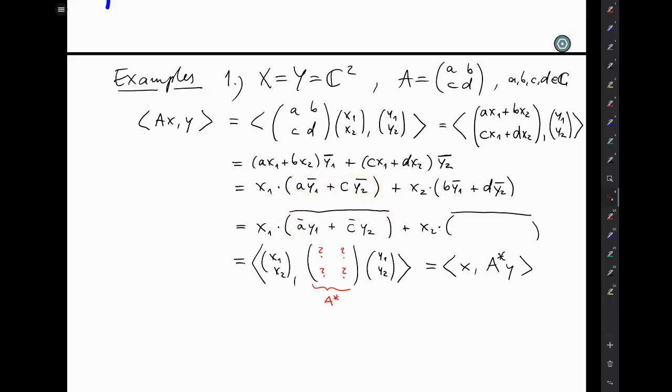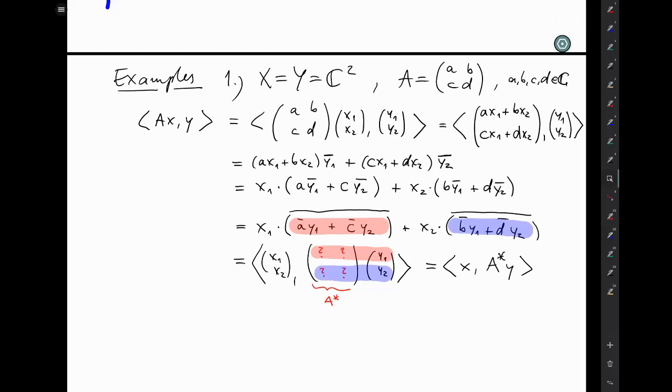Okay, and then do the same thing for this second part of our sum, and we arrive here. Okay, but now by this equality, the first bracket here without the complex conjugate bar on top has to be the first component of this vector that results in this matrix times vector product. And this second bracket, again without the complex conjugate bar, has to be the second component of that product here.